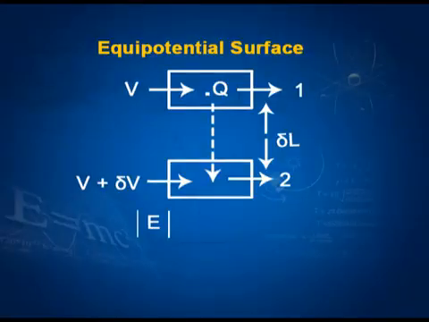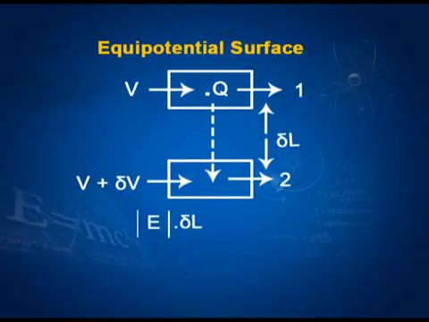It will be E times delta L. I am only considering the magnitude, and this should always be done, because for equipotential surfaces you will most probably get positive values for the electric field intensity. So you must take this into account quite seriously. E times delta L will be the work done.